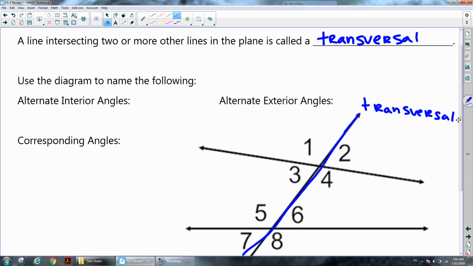So in this diagram, that transversal creates 8 different angles. So we have our alternate interior angles. They're alternating sides of the transversal. They're both on the inside, so one pair there would be angle 3 and angle 6. Another pair would be angle 5 and angle 4.